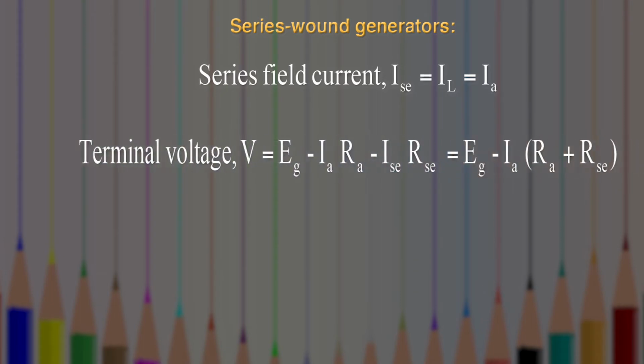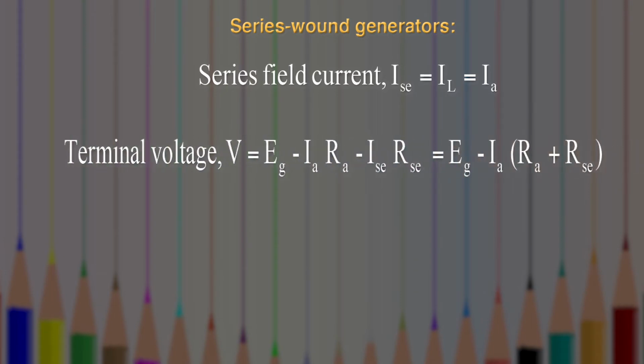Now if you want to write the expression for the terminal voltage V, it can be written as EG minus IARA minus ISE into RSE, where EG is the generated voltage from the armature, IARA is the voltage drop across armature resistance, and ISE into RSE is the voltage drop across the series field winding.